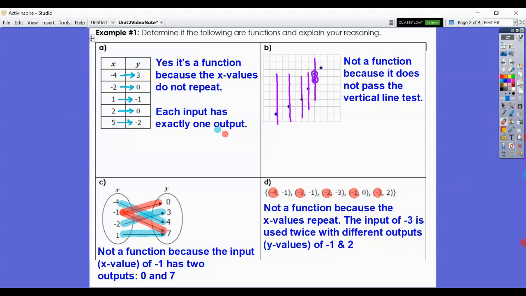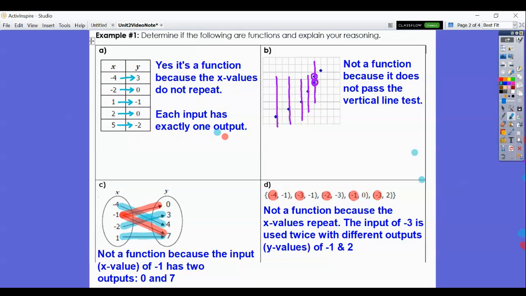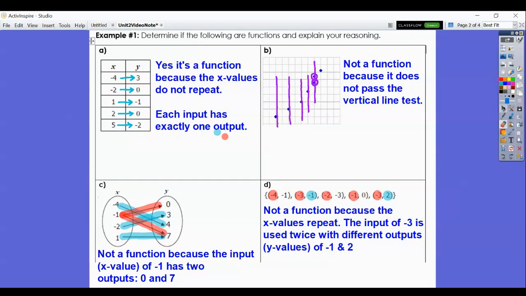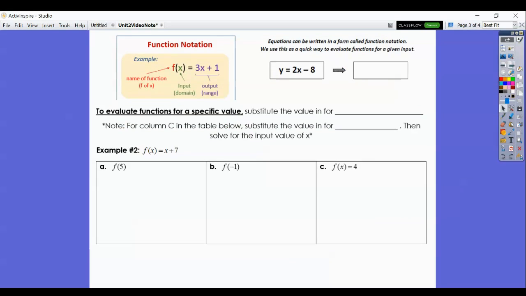The input of -3 is used twice with different outputs. The first output on -3 is -1 in this ordered pair, my second ordered pair. And then in the last ordered pair, where I also have an x value of -3, my output is 2. They do not match. It is not a function.